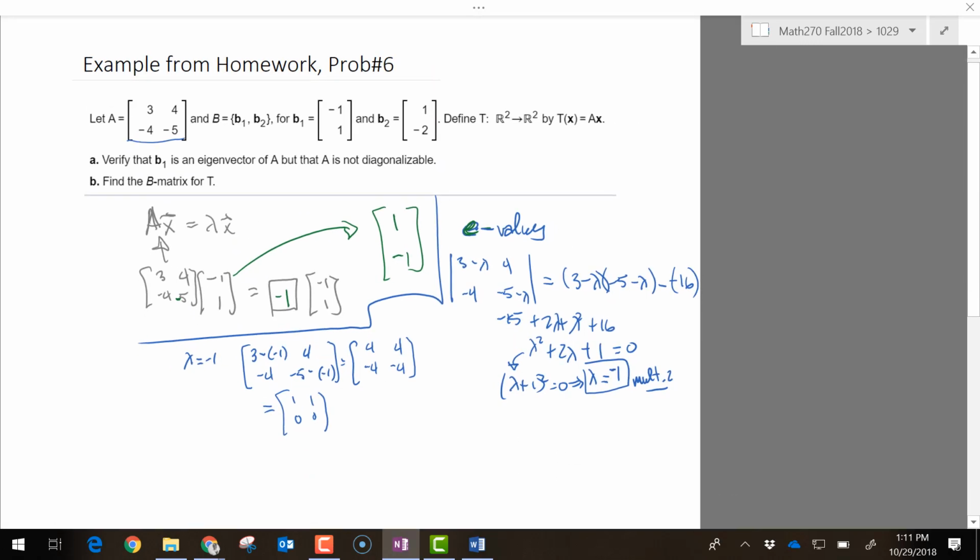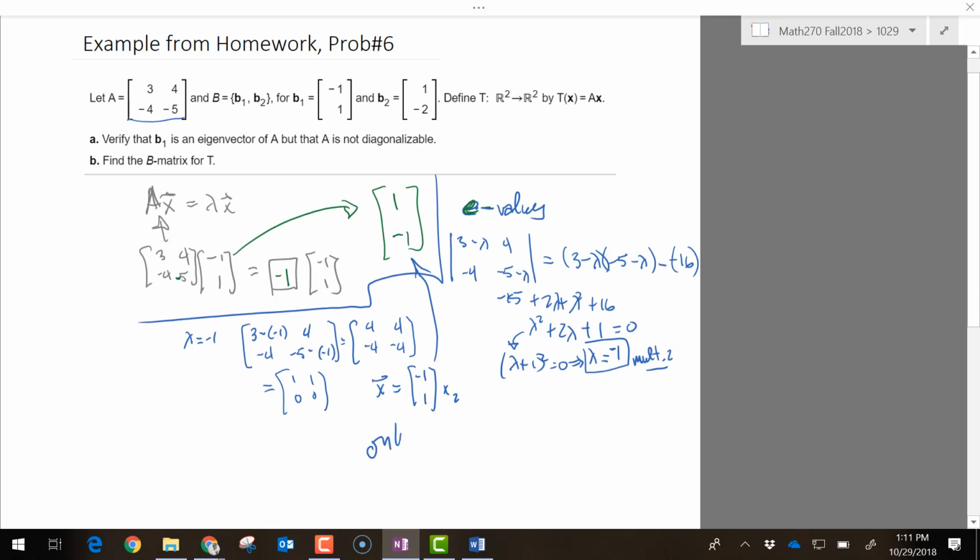Then your null space is going to be spanned by -1, 1. So that's the one eigenvector, only one eigenvector.